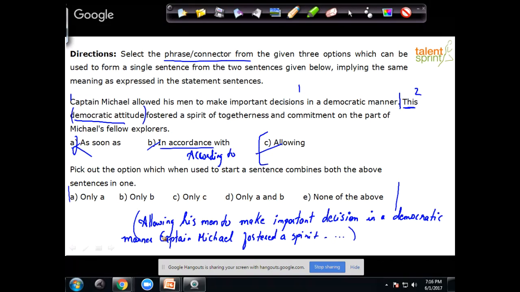So my take is, as long as you're able to bridge using this, but for the most part, it will be in the beginning of the sentence only. But there is no hard and fast rule. As long as you're able to link both the sentences using the connector and it makes logical sense either in the beginning or in the middle, I think it should still be good.